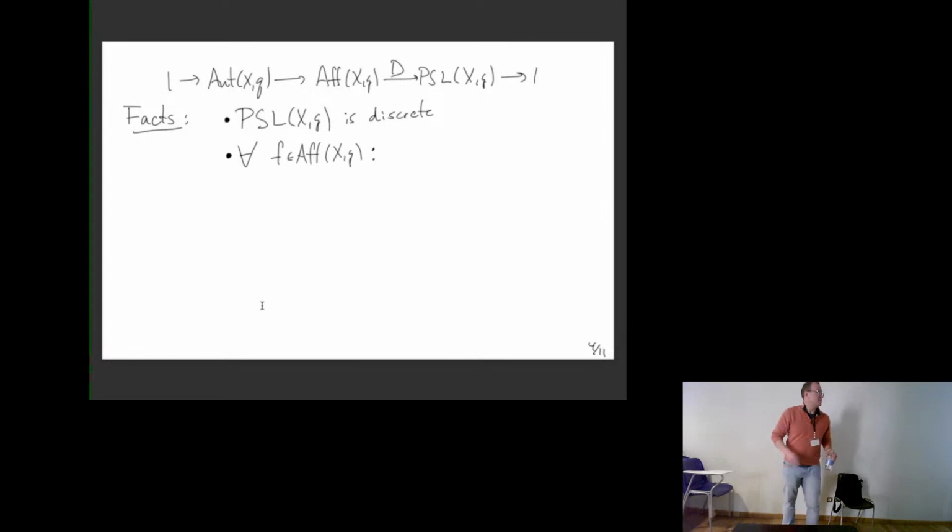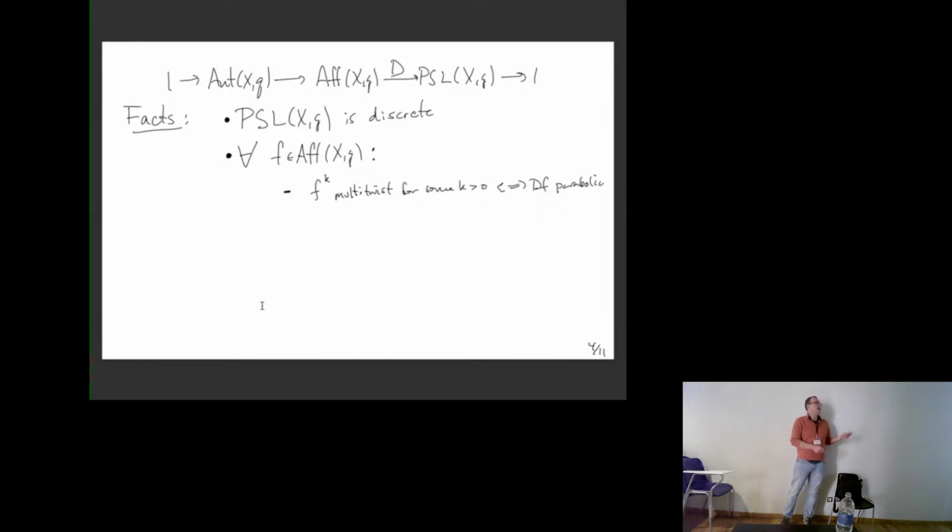I think this is one of the things that really got me interested in thinking about these: if I have an element of the affine group, the derivative tells you a lot about the element. So we saw those two multi-twists where their derivatives were parabolic matrices.